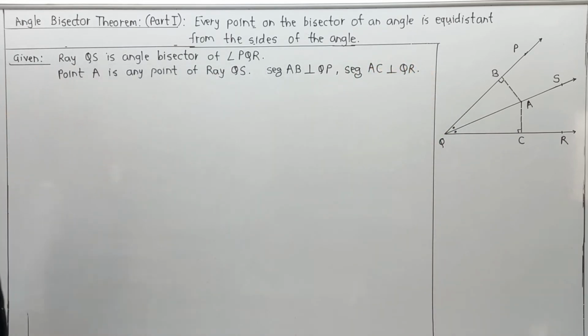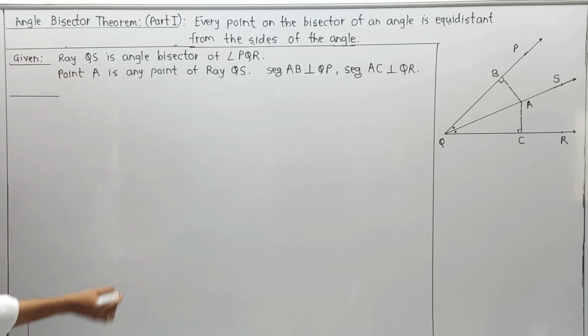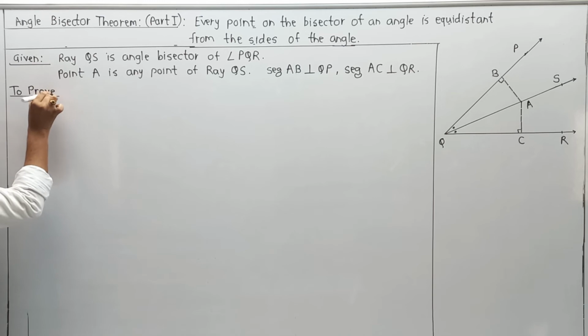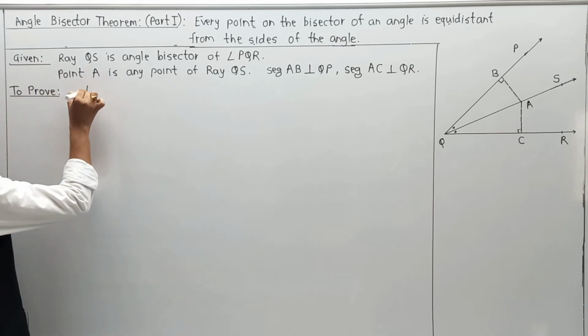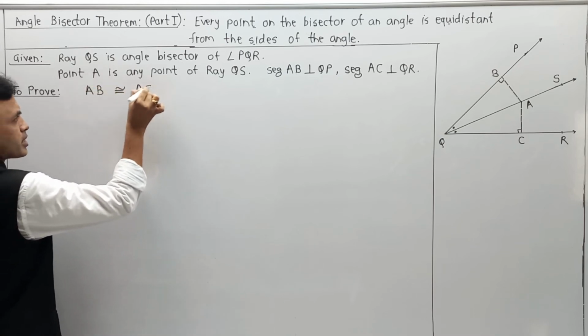This is everything for us, that is the given. Now according to that, I am going to write the next part, to prove. We have to prove that AB is congruent to AC.